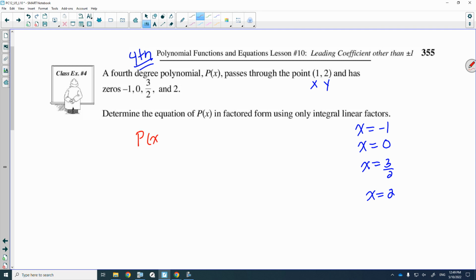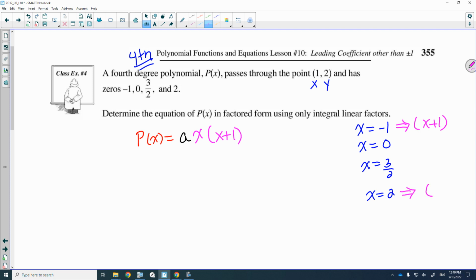So p of x is equal to, I'm going to put my a in. Now, I'm going to start with this one, because if we have an x-intercept at 0, remember that's just x, right? I'll do this factor next. I know that that factor is going to be x plus 1, so I'll do that guy. I'll do this one next.